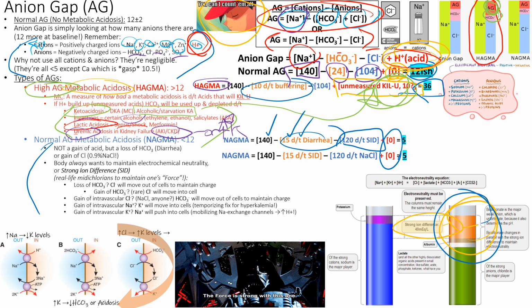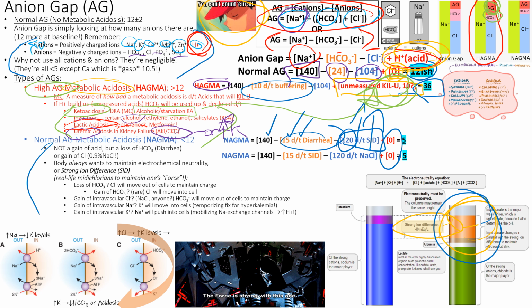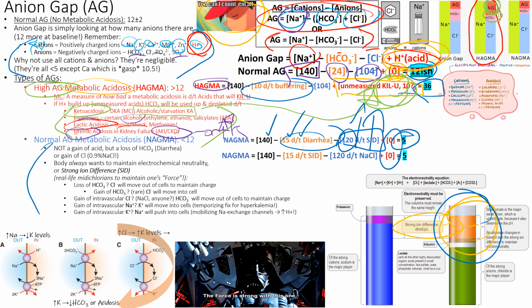We have to restore the electrochemical neutrality. So bicarb went from 24 to 15. The chloride went from 104 to 114, right? Or even higher, in this situation 120. So we get a nice low number of 5, right?